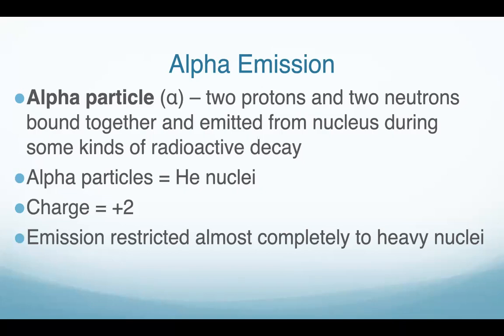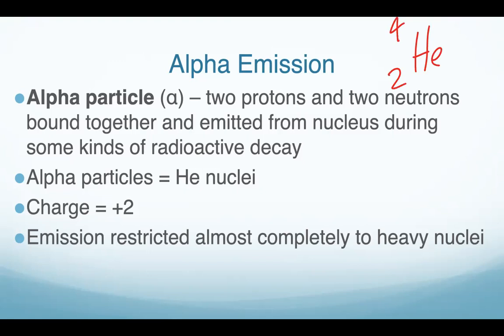Helium is atomic number 2 and has a mass of 4, which means that it has 2 protons and 2 neutrons. Because it has 2 protons, the charge of an alpha particle is +2.